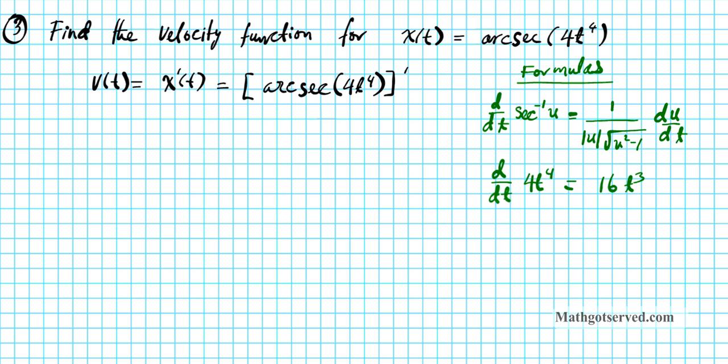All right, let's go ahead and apply this to the function. So v of t, the velocity function, is going to be the derivative of arcsecant. Using this formula, it's going to be 1 over the absolute value of 4t to the fourth, times the square root of u squared minus 1, where u is 4t to the fourth, so it's 4t to the fourth squared minus 1.